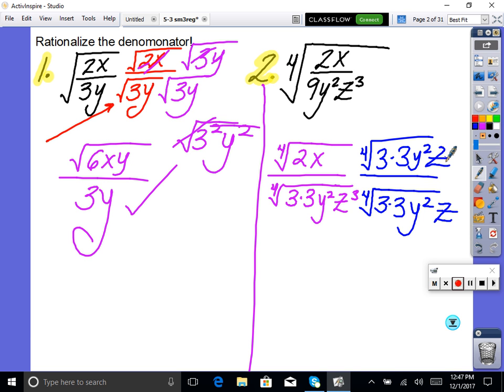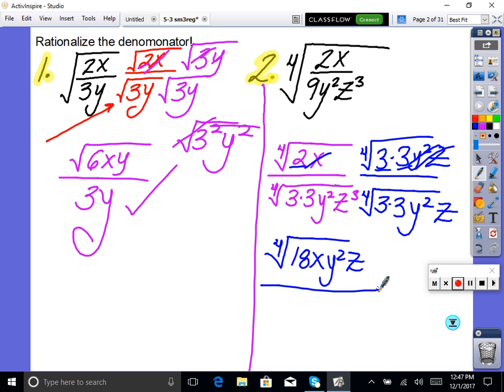So now on top, look. 4th root. Put it together. 2 times 3 times 3 is? Make sure you write 4th root of 18. We have an x. No other x's. We have a y cubed. Squared, and a z. Now on bottom, guys, watch. On bottom, we have the 4th root of 1, 2, 3, 4 3's. That was the point. We have 1, 2, 3, 4 y's.